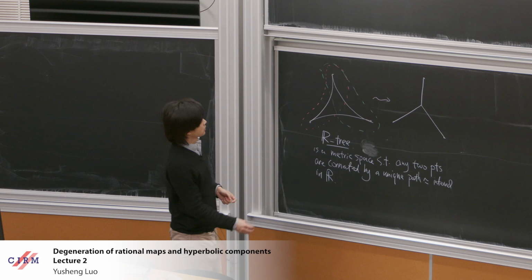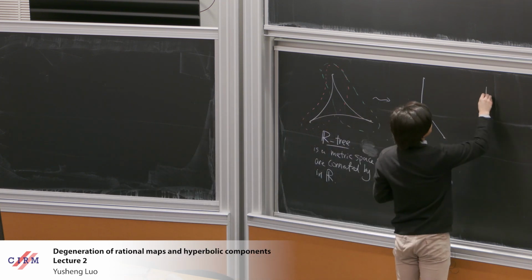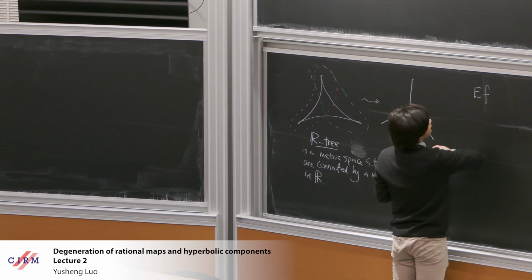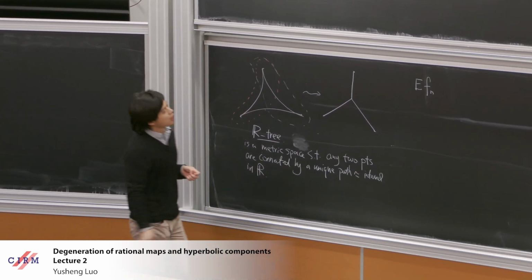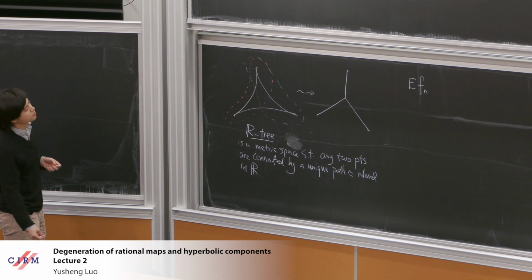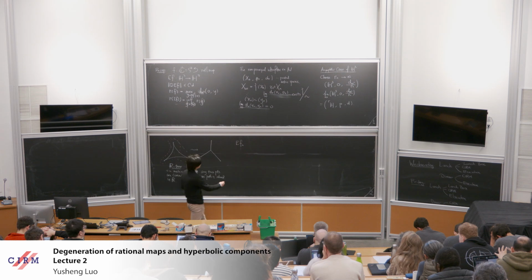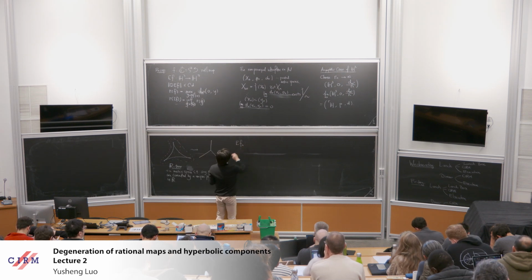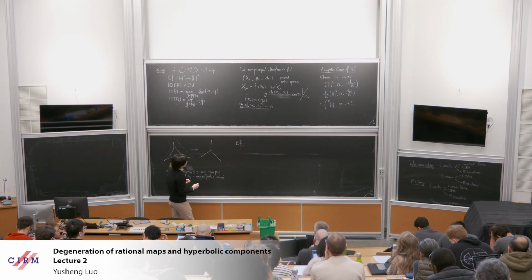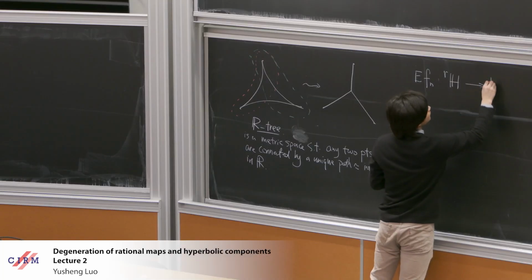Okay, and because of this equicontinuity, we can take the limit of these barycentric extensions and then obtain a map on this R-tree, on this asymptotic cone. The definition of the map is the most natural thing that you can do.